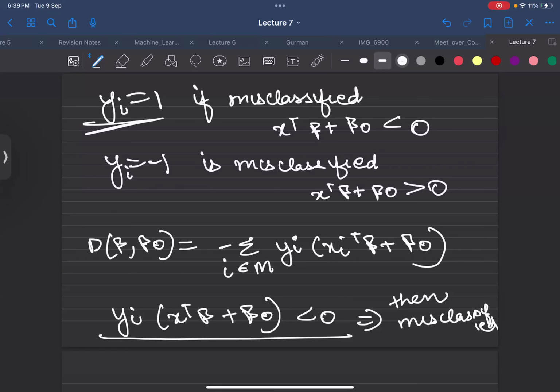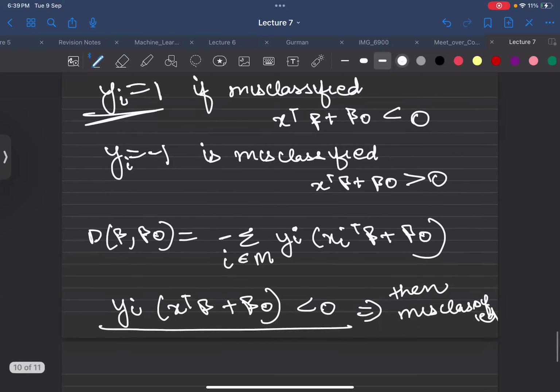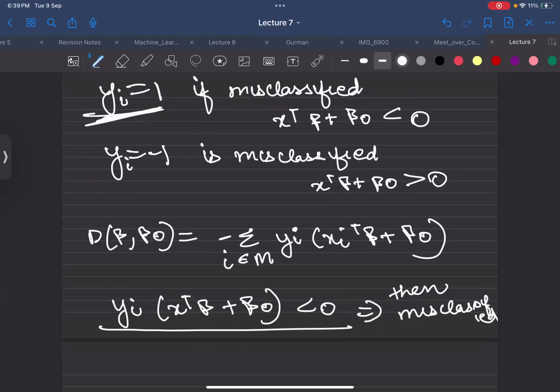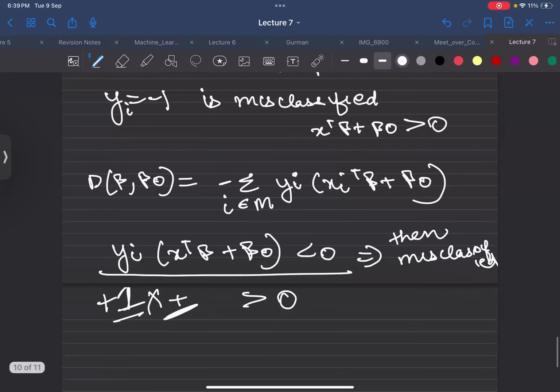Since you're also fine, misclassified. So what I'm trying to say is, if suppose y is equal to +1, this should also be positive, because if it's +1, it should be positive. So positive into positive should be positive. So it should be greater than 0.